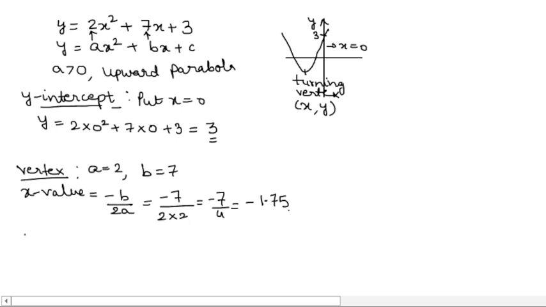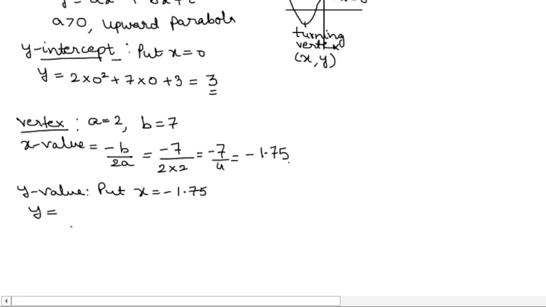Now to find the y value, you just need to substitute your x value in the original equation of the parabola, which is this. So when I do that, I get y is equal to 2 times negative 1.75 squared plus 7 times negative 1.75 plus 3.